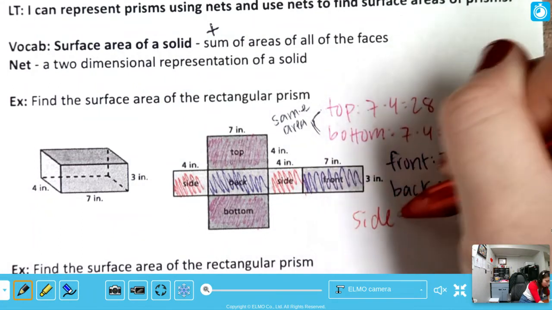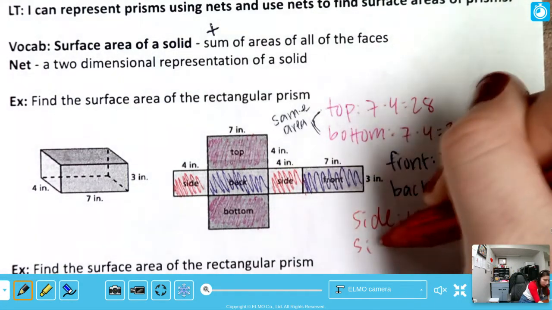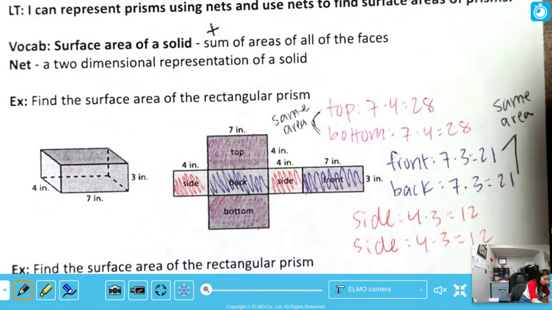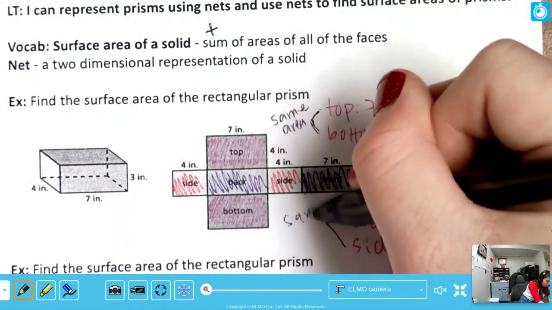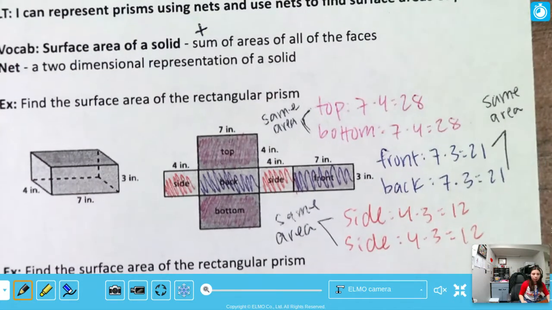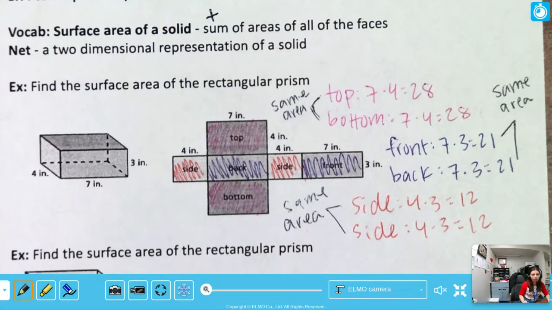So 4 times 3, I get 12. Again, the other side will be the same. 4 times 3 to give me 12. And let's not forget to include our note that these have the same area. So in a rectangular prism, the top and bottom have the same area, the front and back have the same area, as do the sides.